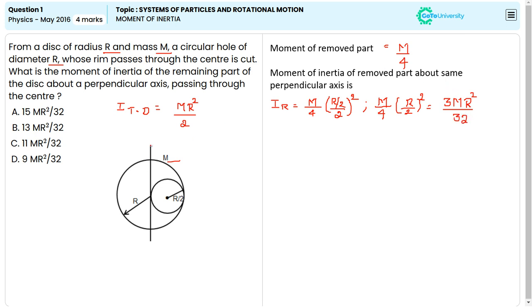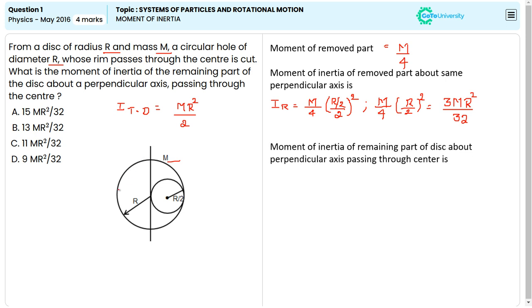Then the moment of inertia of the remaining part about the perpendicular axis passing through the center, that is what exactly we need to find here. We know that I remaining disk is equal to I total disk minus I removed part.